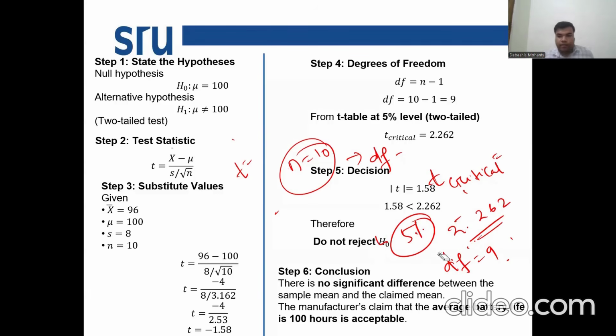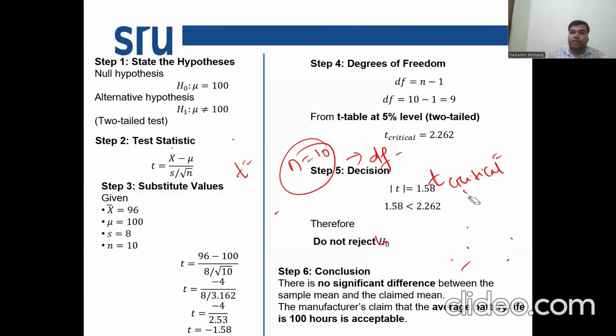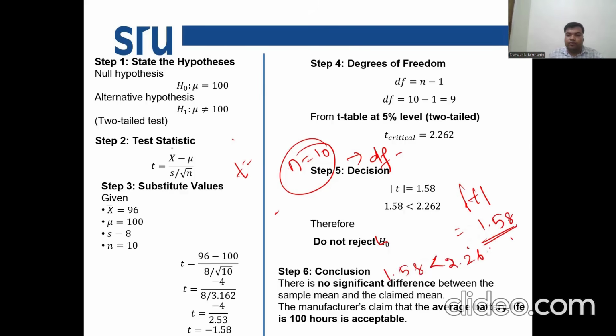So students, after finding this, we have to find the modulus of t because we have to take the positive values only. As the t value we are getting is negative, to construct the decision we have to find the modulus of t, that is 1.58. And 1.58 is lesser than 2.262.